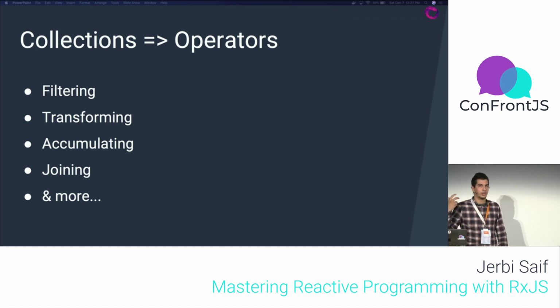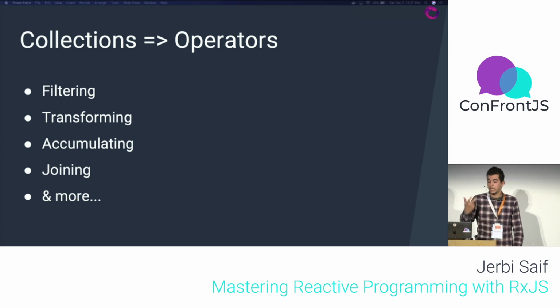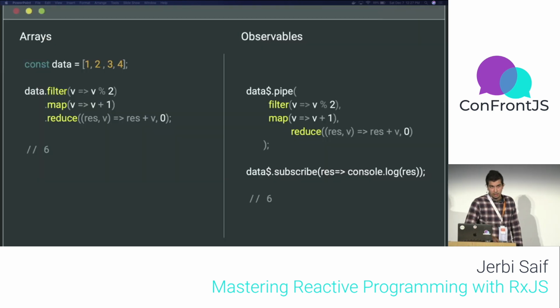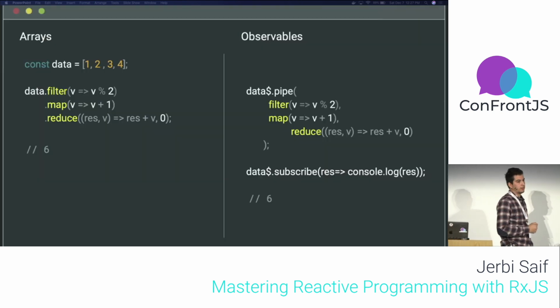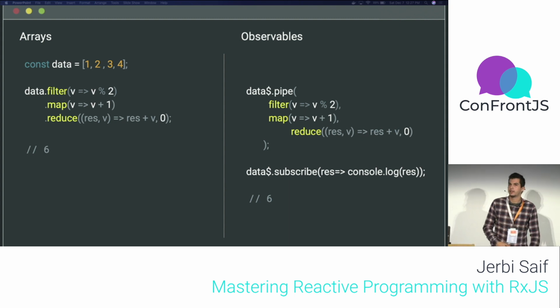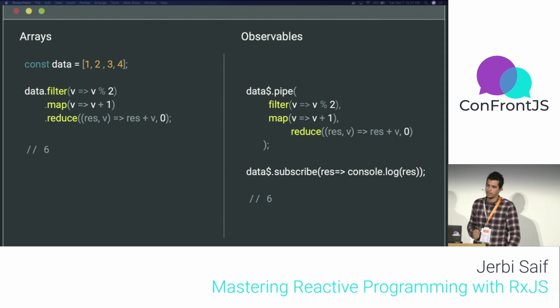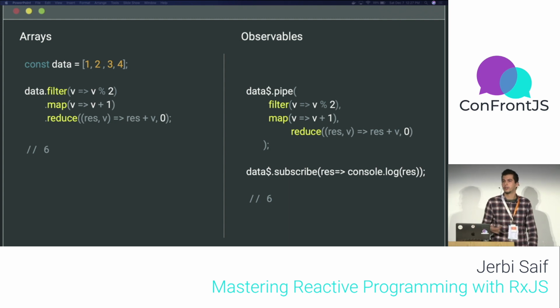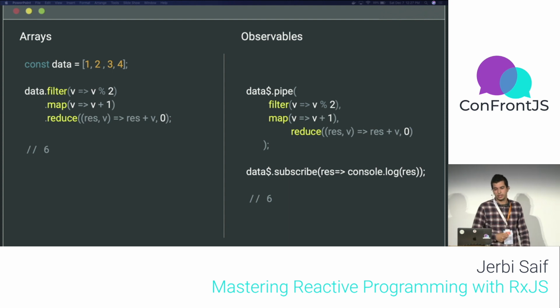When I have a collection, I need some operators to handle the data in it. There are operators for filtering, transforming, accumulating, joining, and more. In JavaScript, take arrays as an example. Arrays are collections. We have filter, map, reduce, and other operators available on the array object.